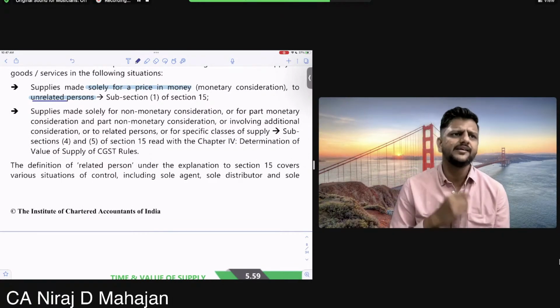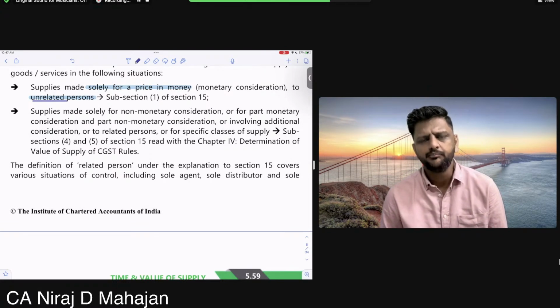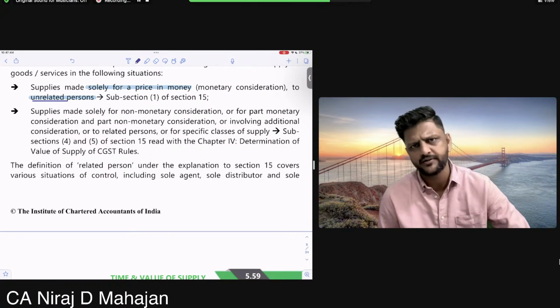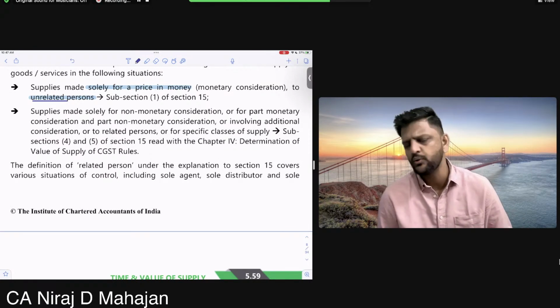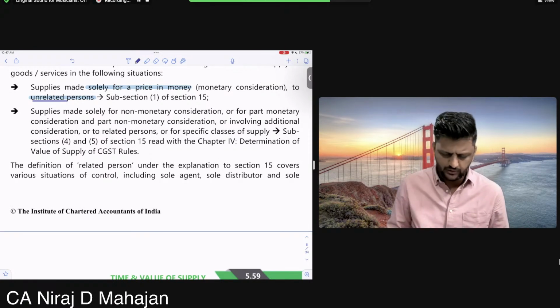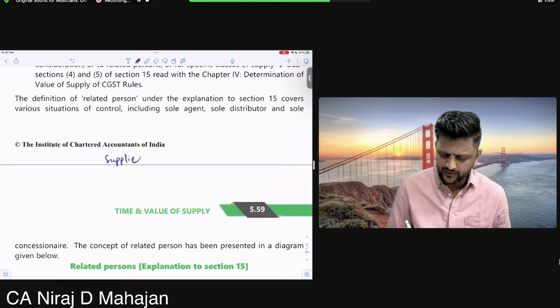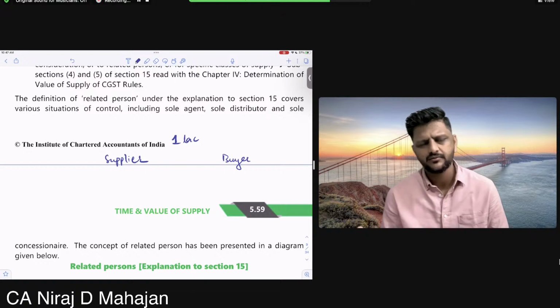But moreover than that, even if a tax invoice is given, but if the recipient is my relative, or the recipient, bacho, is my related party, or I know the recipient, the buyer, I can tell him to reduce the invoice value. Means what? Supplier and buyer. Let us say the value before tax is 1 lakh.